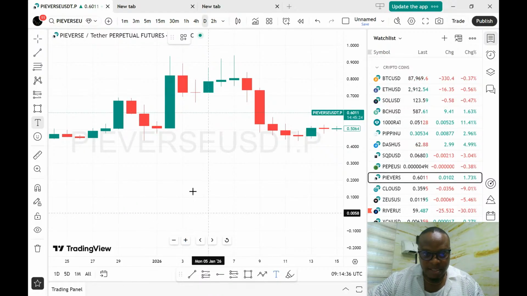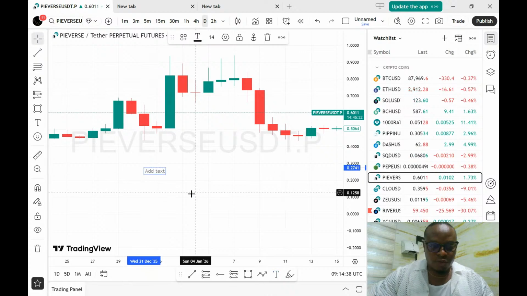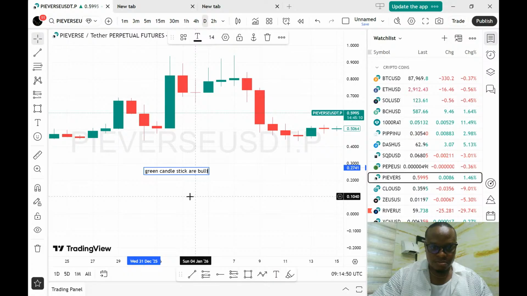But here you can see green and red. The green candlesticks are bullish, while the red candlesticks are bearish.